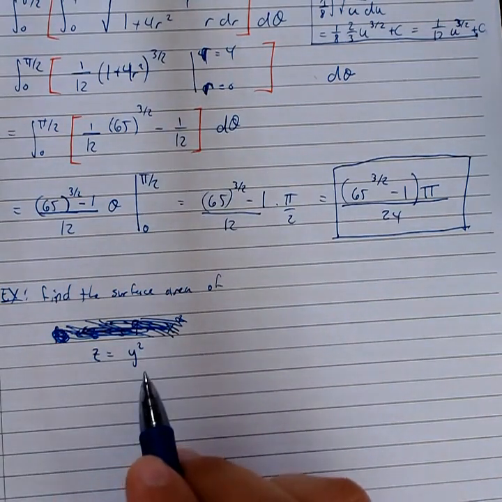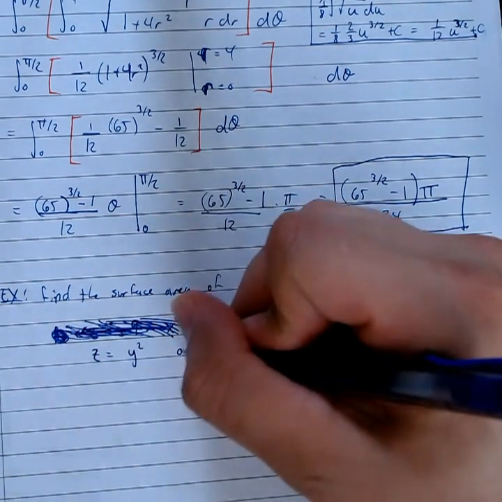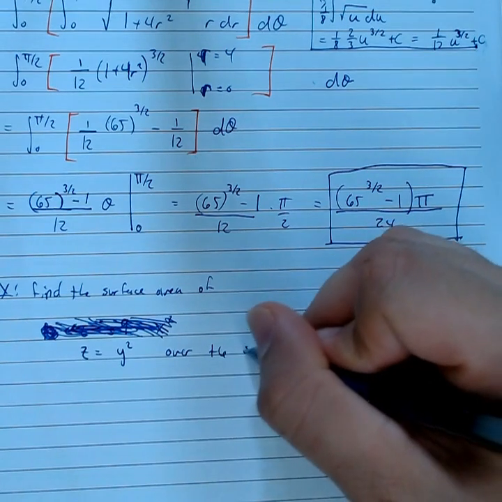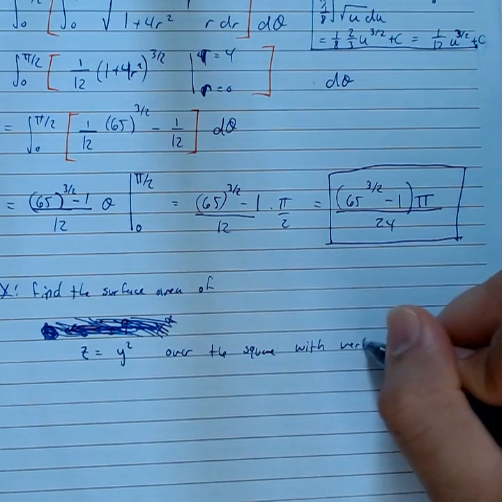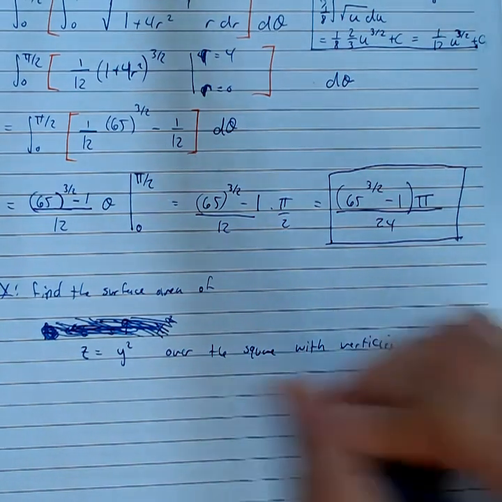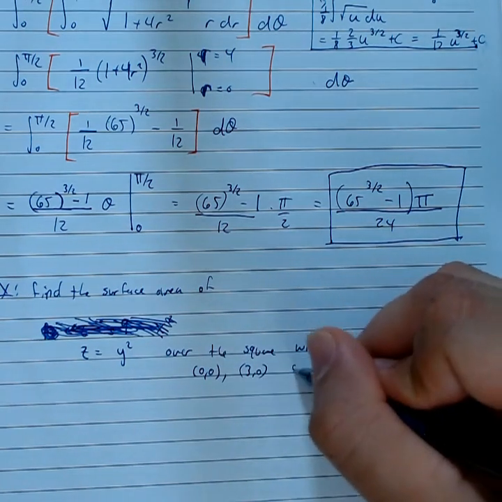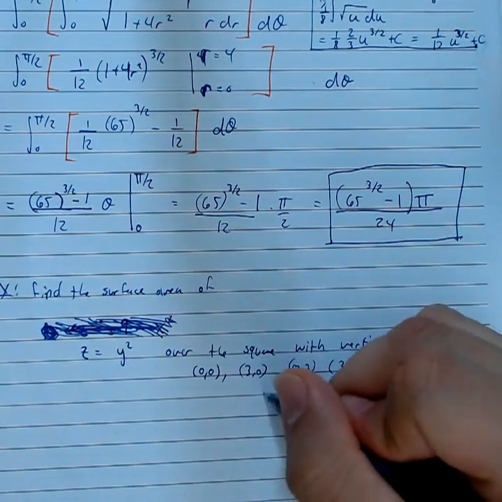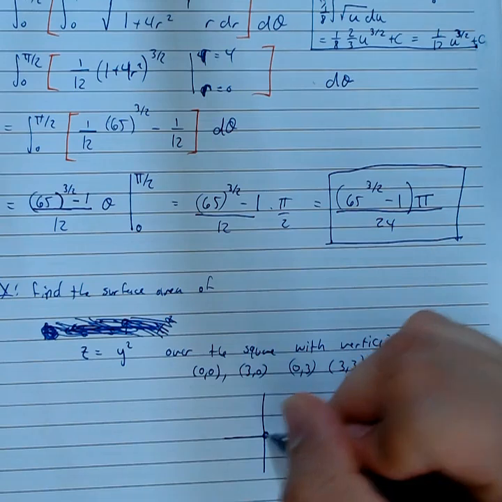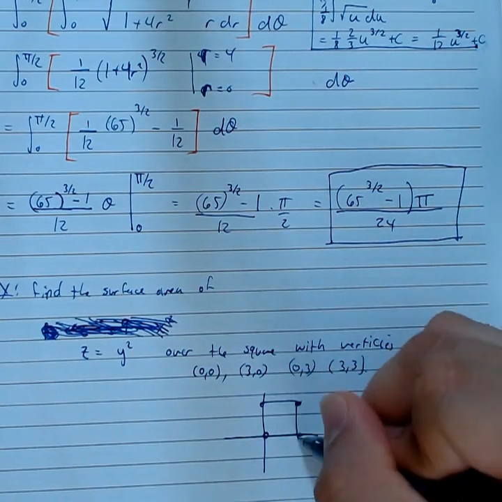So z is equal to y squared, and that is defined over a square that has the vertices 0, 0, 3, 0, 0, 3, and 3, 3. So in other words, it's just this square here that goes from the origin up 3 steps, right 3 steps, just like that.